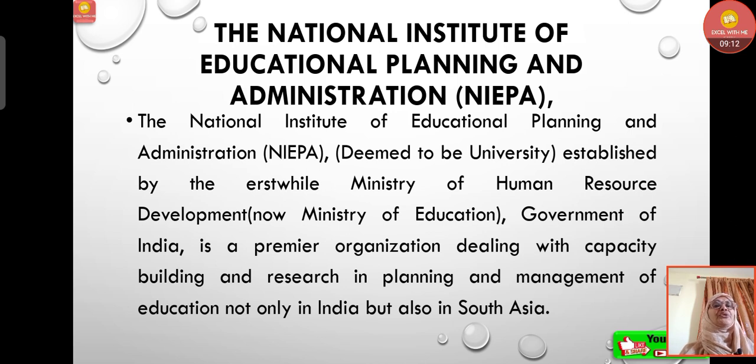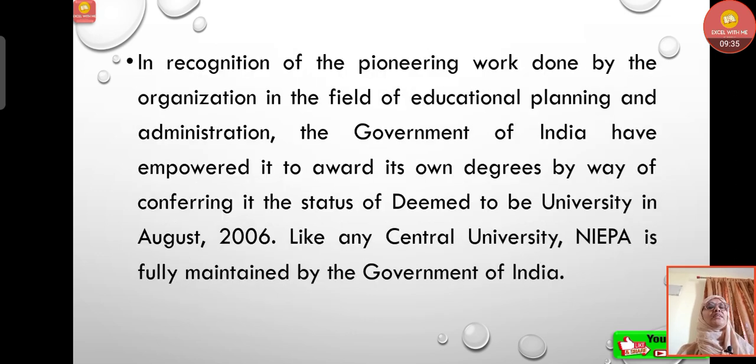Now, the National Institute of Educational Planning and Administration, that is NIPA, deemed to be university, established by the erstwhile Ministry of Human Resource Development, now Ministry of Education, Government of India, is a premier organization dealing with capacity building and research in planning and management of education, not only in India but also in South Asia.